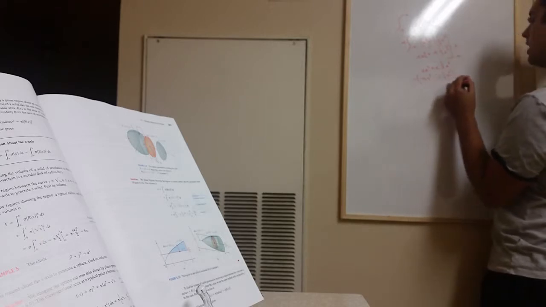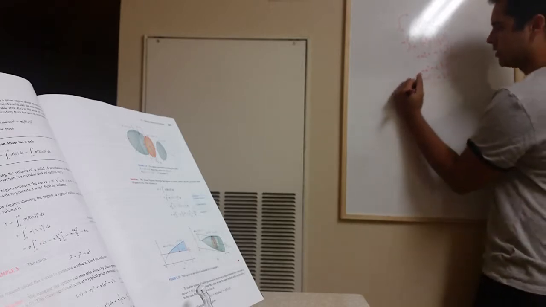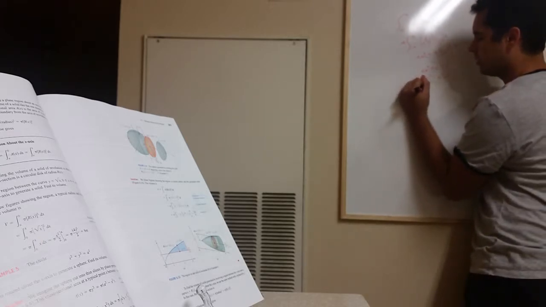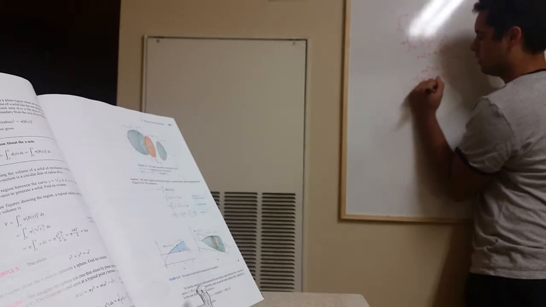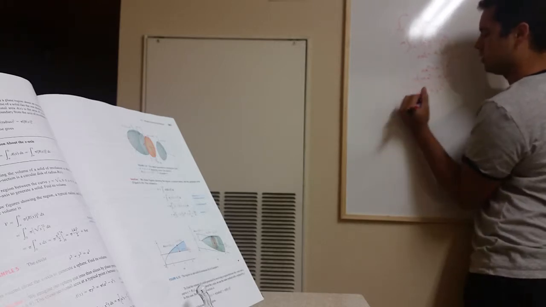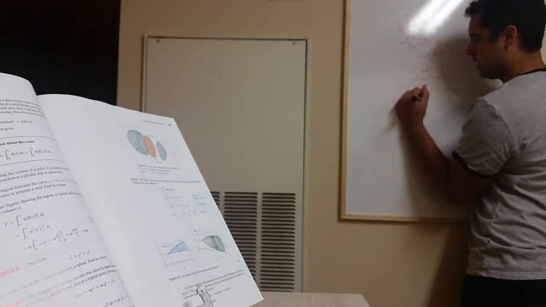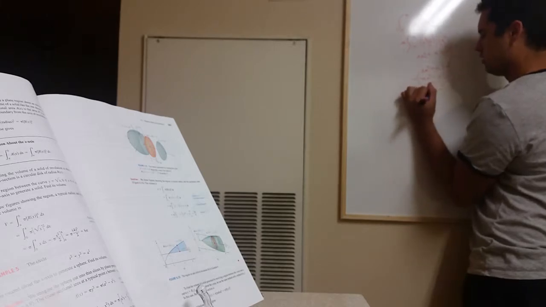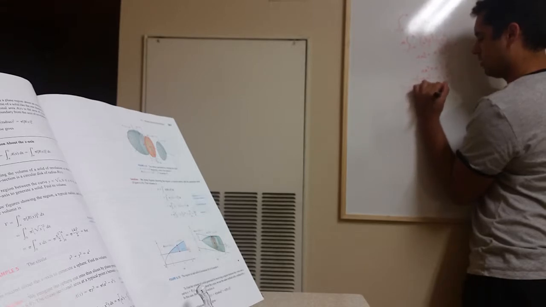So I'm subtracting that. So it's going to be pi a to the 3 plus pi 1/3 a to the 3 plus pi a to the 3 plus pi 1/3 a to the 3.